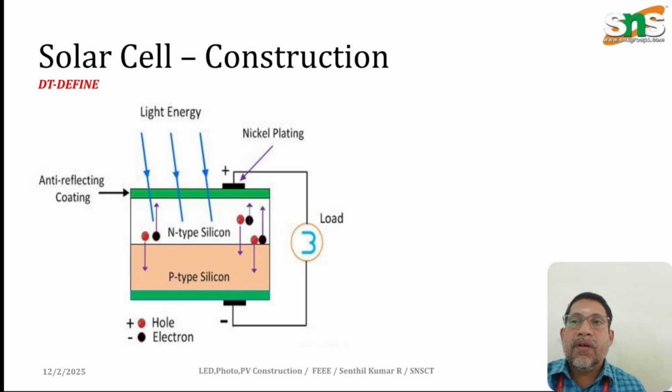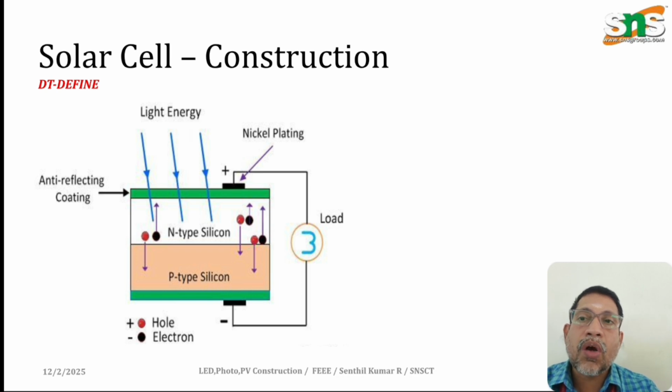As per the principle of operation, it is the photovoltaic effect. Therefore, when the light energy falls on the n-type silicon, which is on the top of the solar cell, a recombination takes place between the p and the n, and due to this recombination, the electrons induce energy.